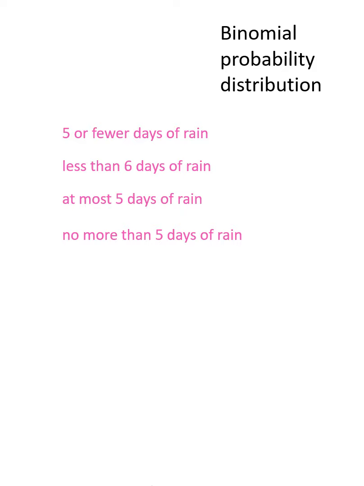So if these 4 phrases seem obviously the same to you because of your linguistic talents and your interpretation of the English language, great. But if this seems confusing to you, you're going to want to rewind this enough times to convince yourself that all 4 of these phrases mean exactly the same thing when it comes to a whole number of days of rain in a week, which is what we're assuming here.